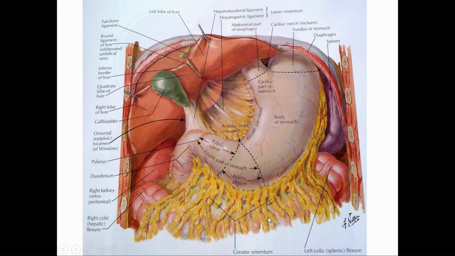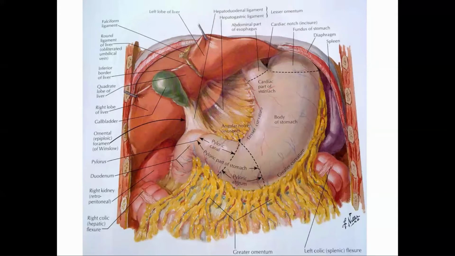What structure is attached to the lesser and the greater curvature? The lesser and the greater omentum. These omenta are double layers of peritoneal folds.